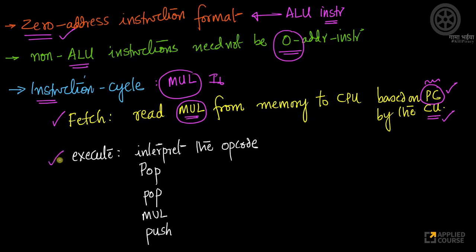In the execute cycle, what happens? Your mul is your opcode. The moment the stack CPU sees mul as your opcode, it says, okay, multiplication typically requires two operands. As soon as it sees this, it interprets the opcode and starts executing these instructions internally without explicit push or pop.